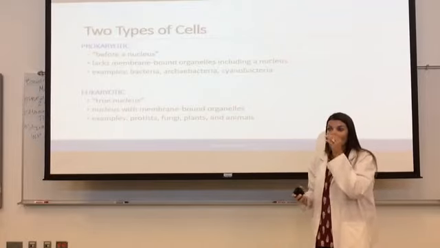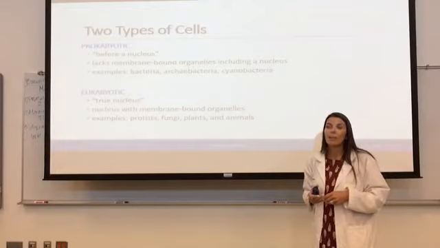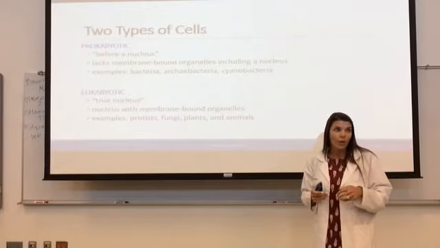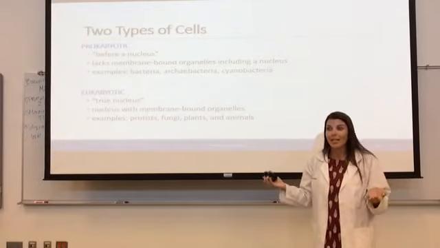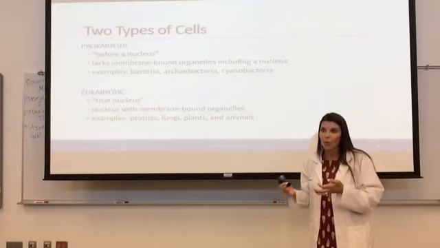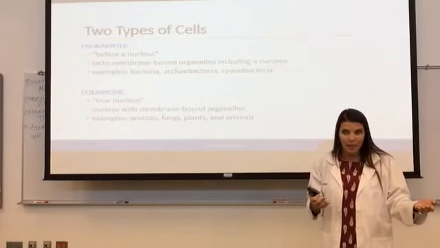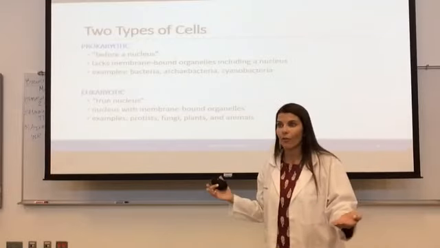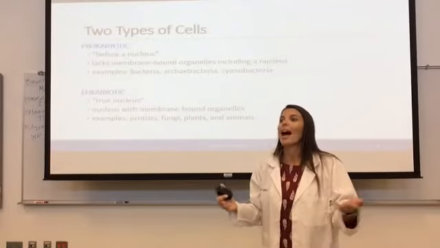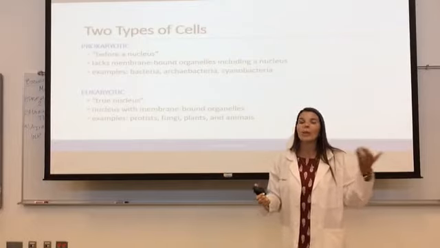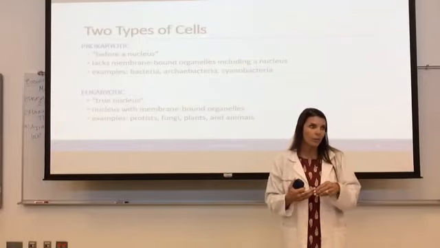We say, we have discovered an organism that lacks membrane-bound organelles. For example, a nucleus is a membrane-bound organelle. So if a cell is lacking that, what does lack mean? Does not have. So it's lacking these membranes, it must be a prokaryote.